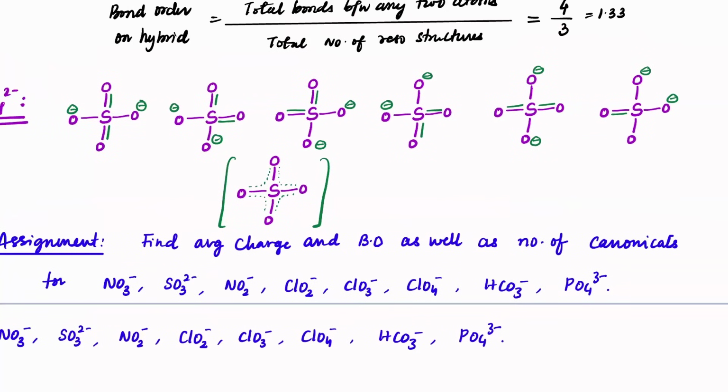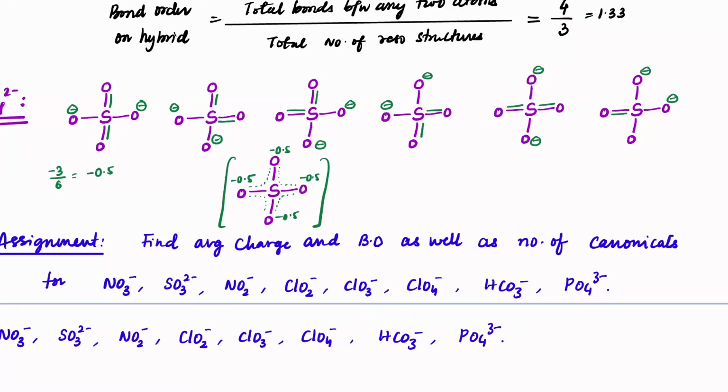If I have to identify the charge, everybody look into this. Zero charge, zero, zero, zero, -1, -1, -1. Total -3 across 6 structures. So -3 across 6 structures makes it minus 0.5. So each oxygen carries minus 0.5 charge.